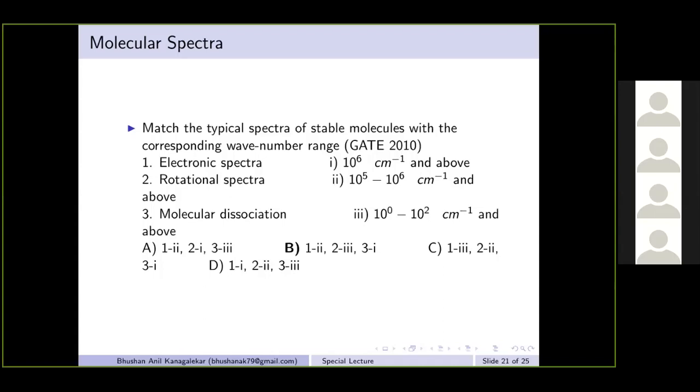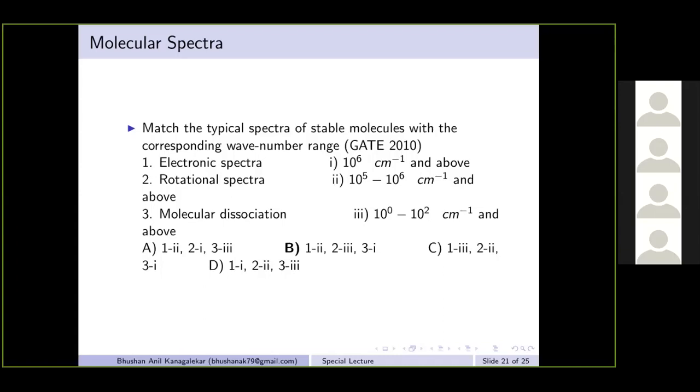So the increasing order of wave numbers is 10 to the power 0 to 10 to the power 2, and 10 to the power 5 to 10 to the power 6, option 2, and then we have got 10 to the power 6 centimeter raised to -1.